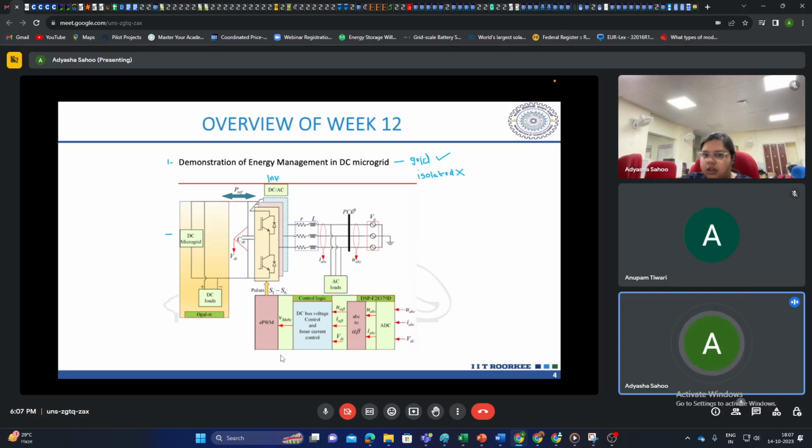It is connected to the PCC or the MCB. Basically, this is acting as your AC bus to which you have AC loads connected here, right? And this is connected through an L filter.